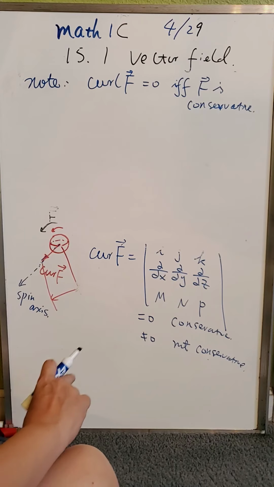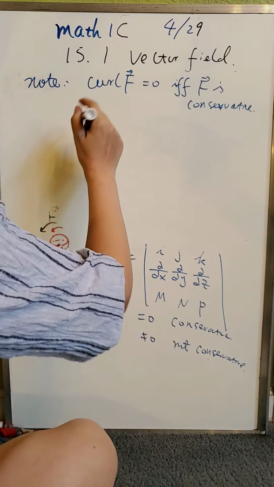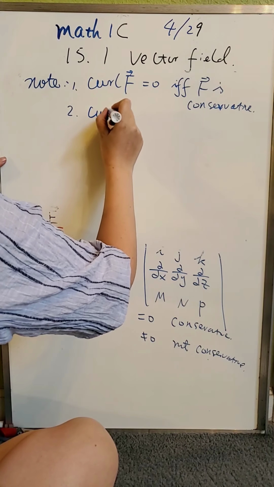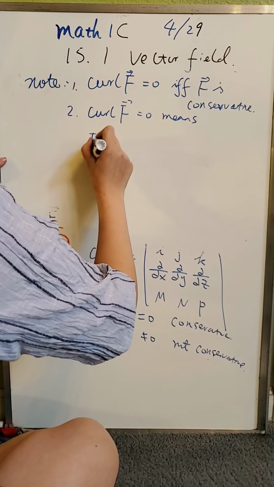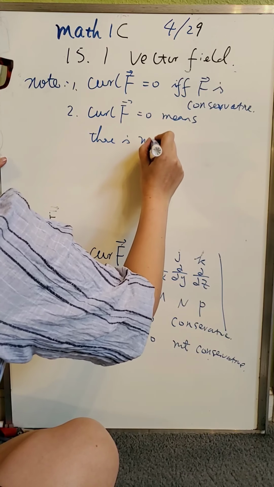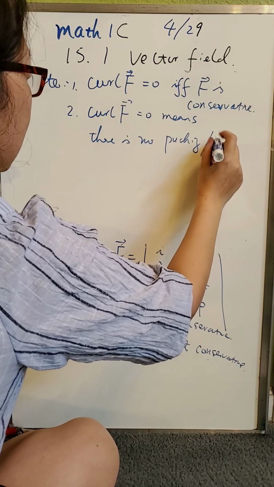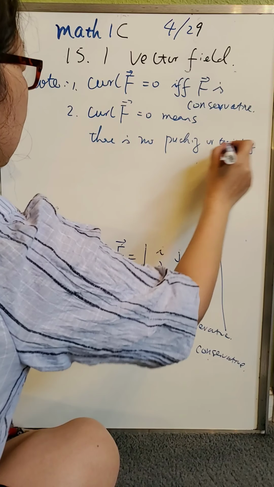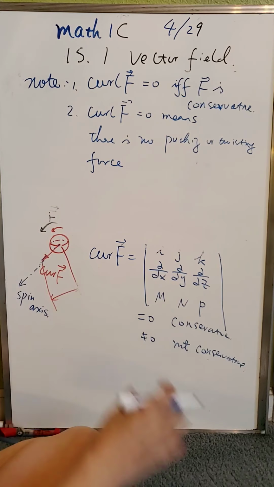And so that's basically it. Maybe one more thing. Curl equals 0 means there is no pushing or twisting force, so then it's a little bit safe.